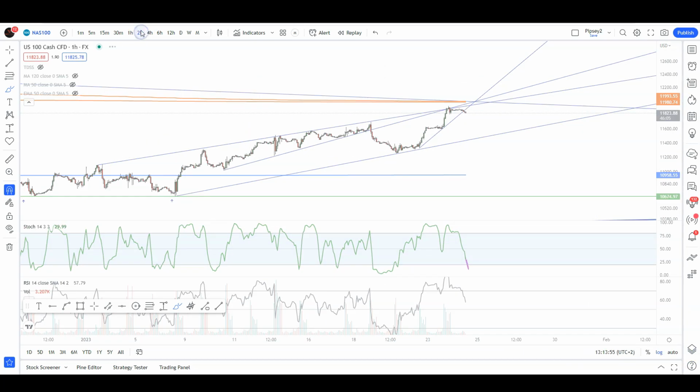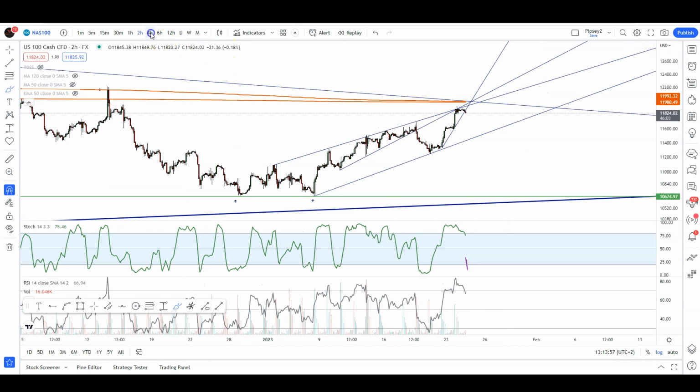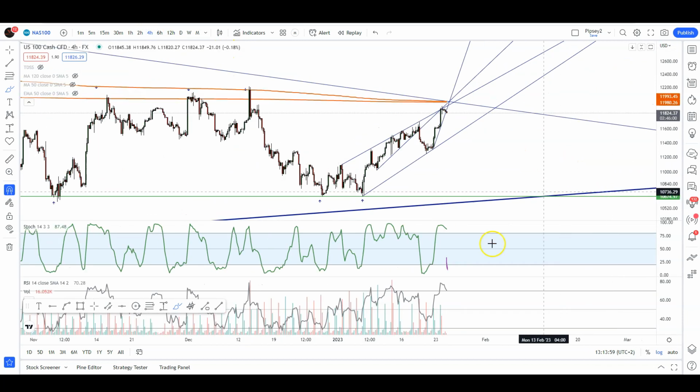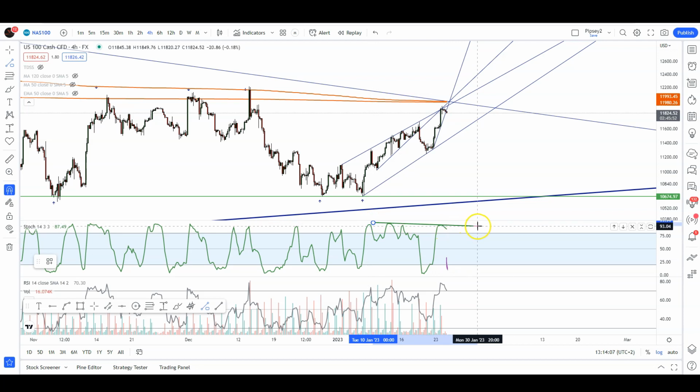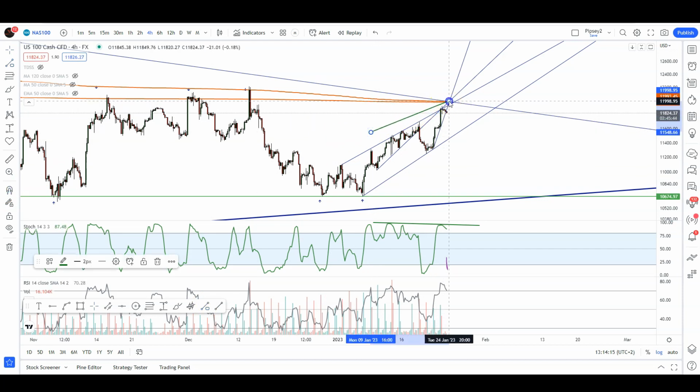Am I making sense to you guys? Bearish divergences. This peak's higher than this peak over here. Bearish divergence all the way up here.